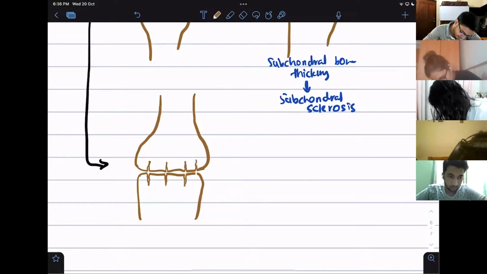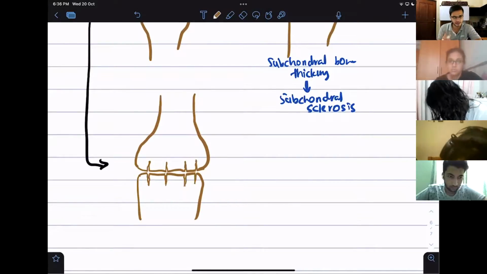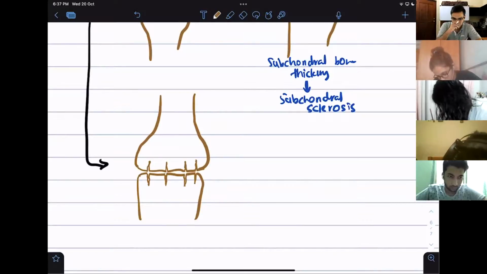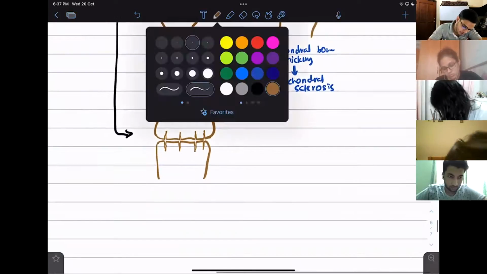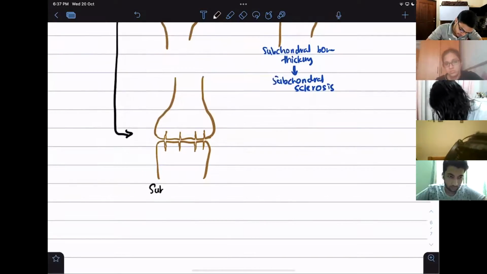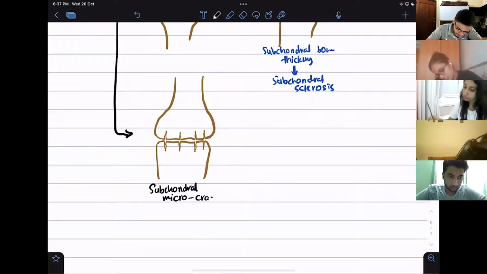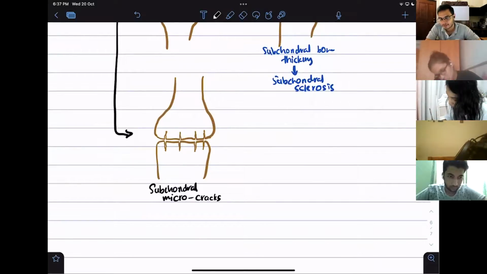It's just like the fissuring of the cartilage, but now it's in the bone. Write this down as subchondral micro cracks or micro damage, right?